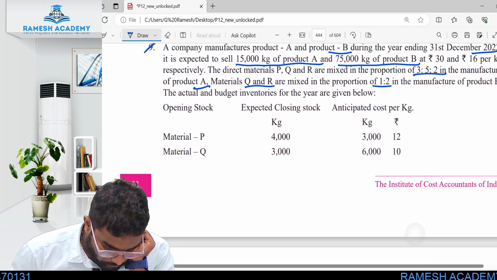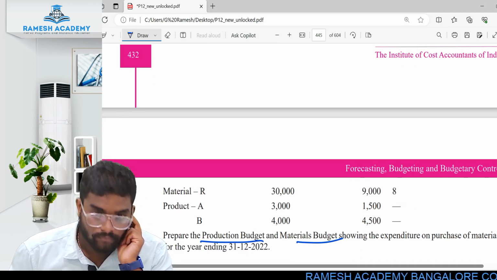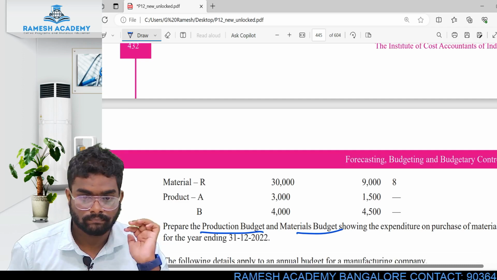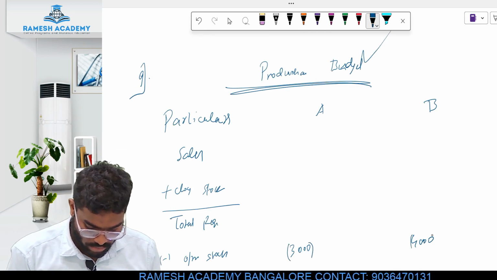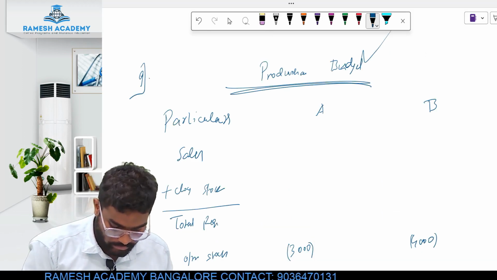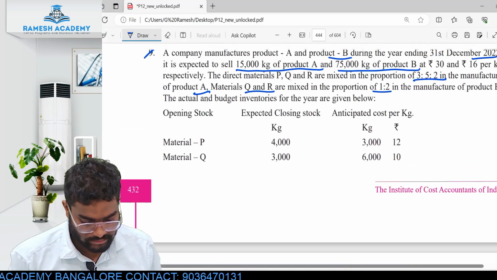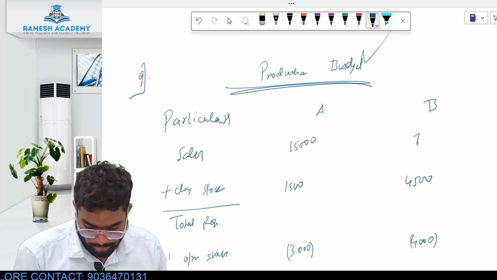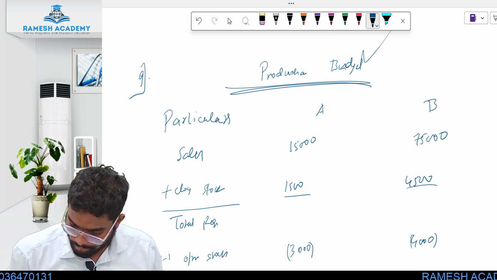So 3,000 and 4,000 is the opening stock, and 1,500 and 4,500 is the closing stock. Now what is the sales here? 15,000 and 75,000.